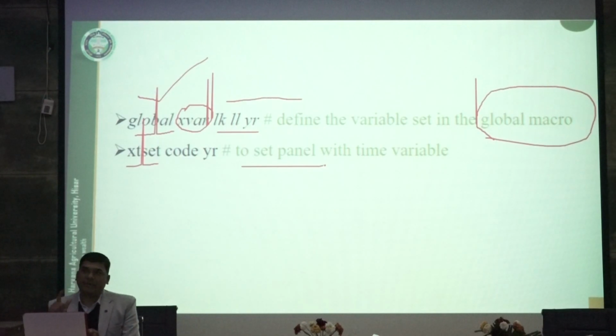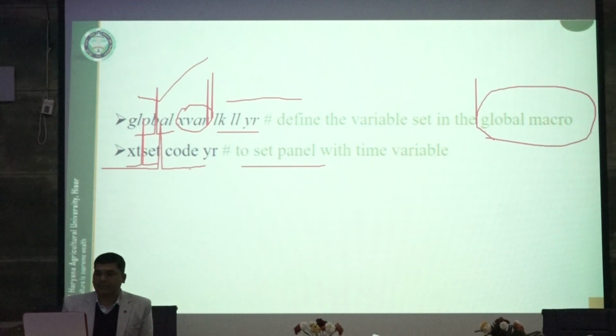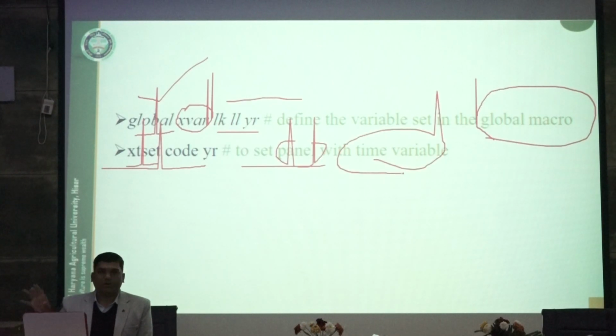Panel means how many countries there are, and how many years of data are recorded here. So you have to set the panel data with two codes: first for the panel code and second for the time variable. In this data, code is for countries and YR is for years, that is, your time data.